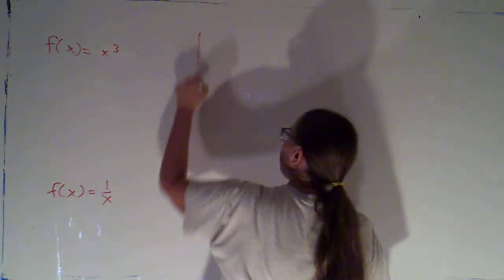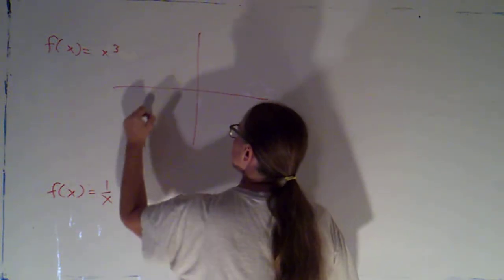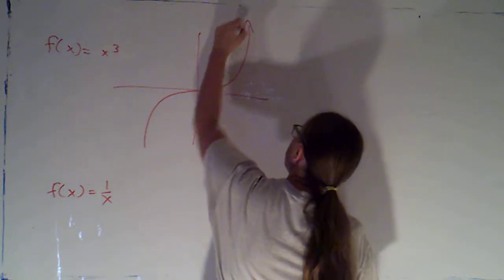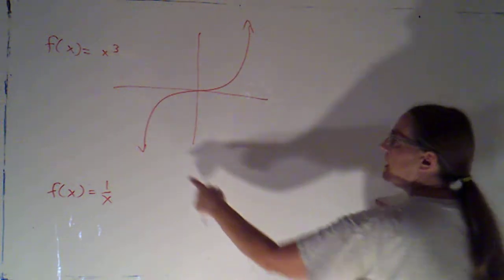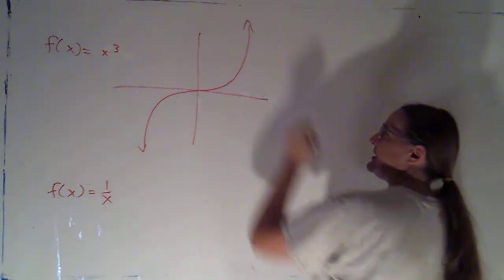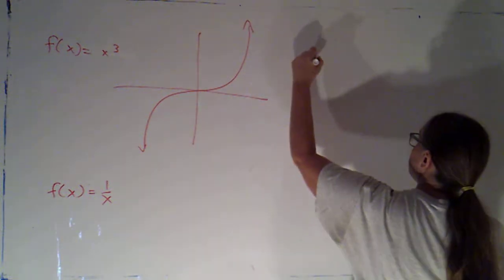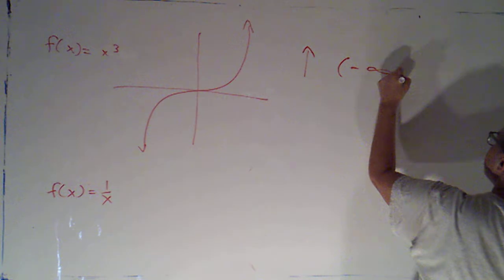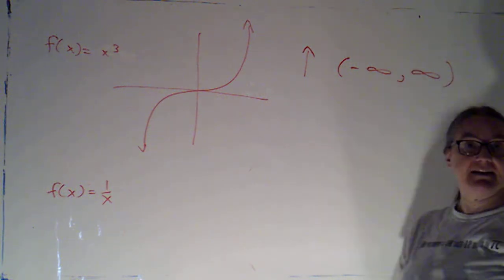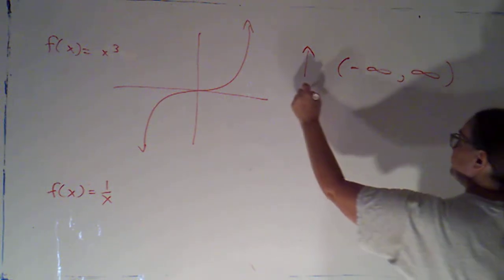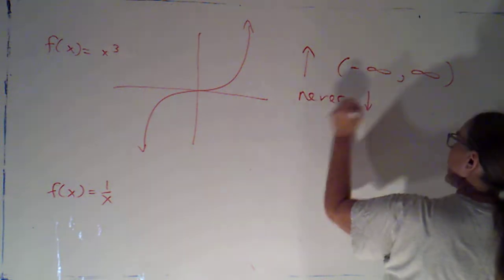So if I sketch f of x equals x cubed, it looks something like so. Looks like it's always increasing. So I would say it's increasing from negative infinity to infinity. And it's never decreasing. And it's never constant.